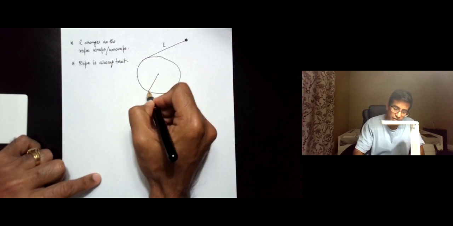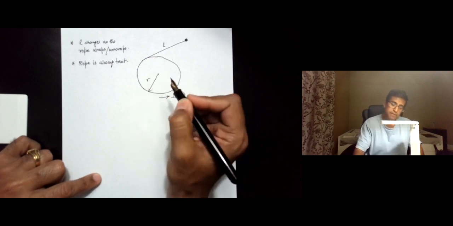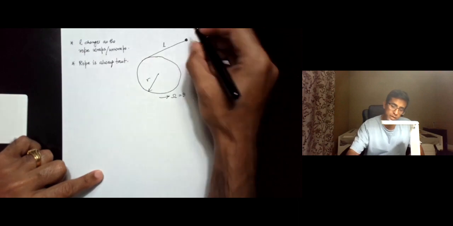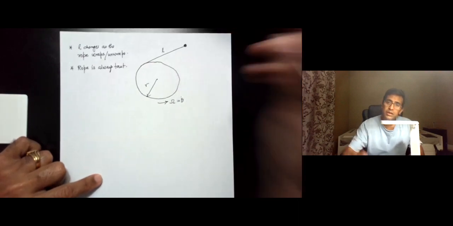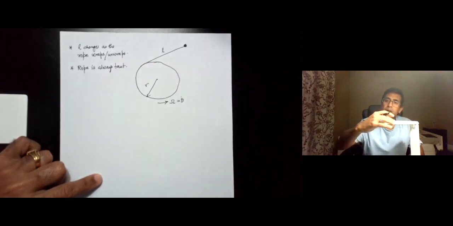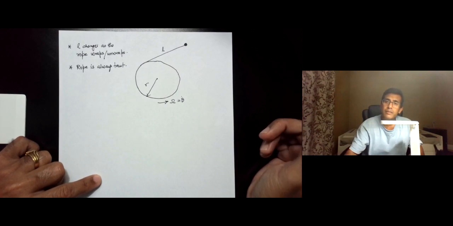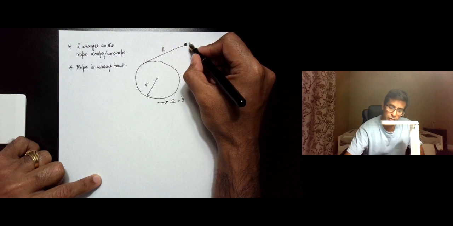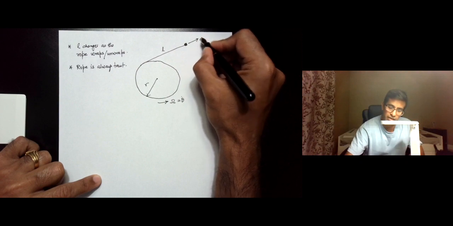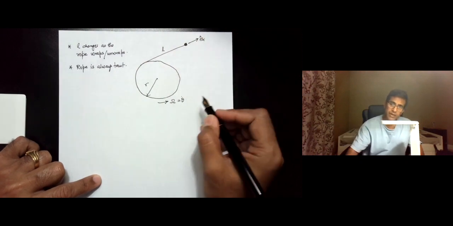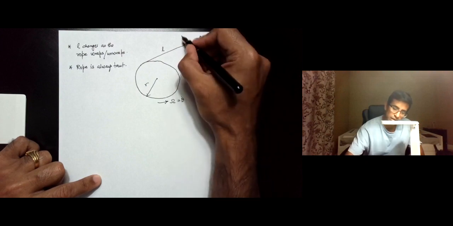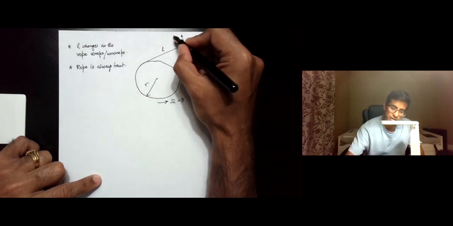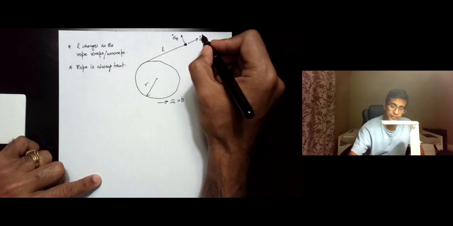The disk is of radius small r. We use a rotating frame where the Er unit vector is along the rope and E theta is perpendicular to the rope.